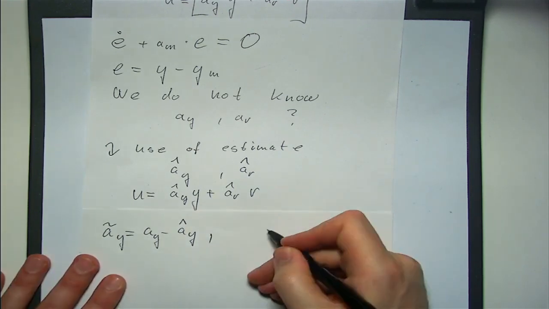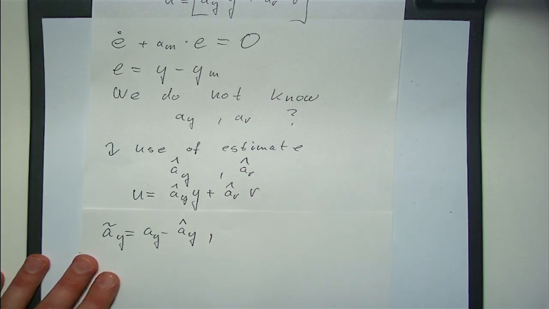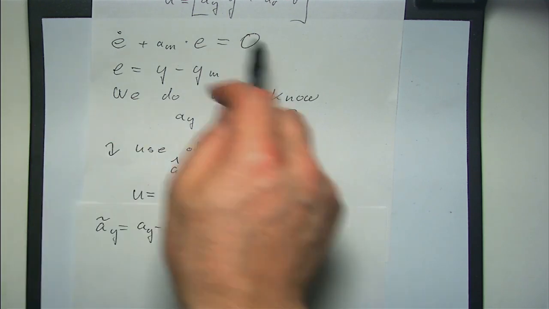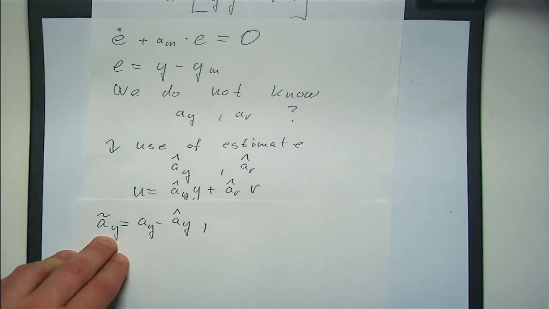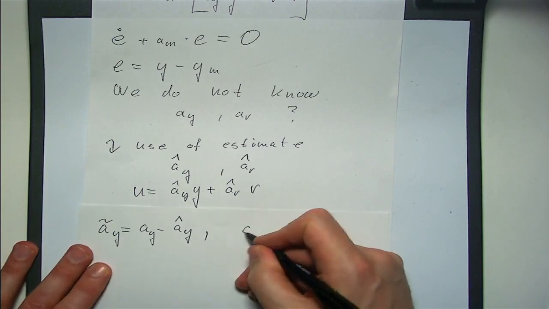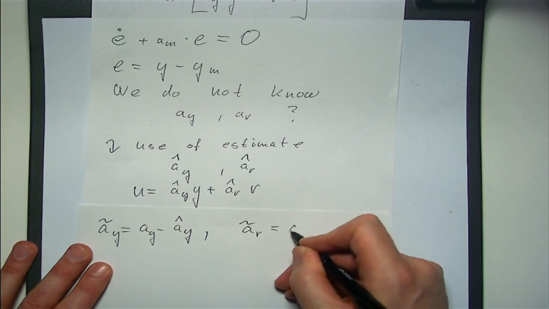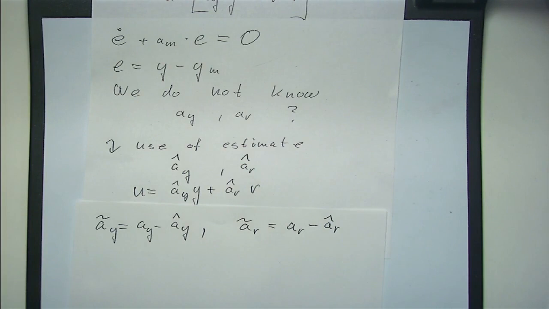And we need to understand how we can deal with making that error small, or not even small. Actually, our major objective is to keep E small, isn't it? That's what we want to do. But we don't necessarily need to have this error small. That's the interesting thing. So now we also have AR tilde, AR minus AR hat.